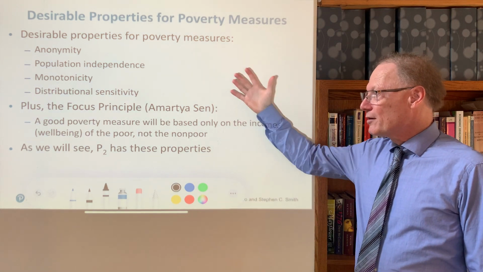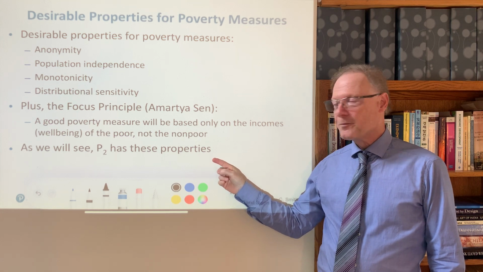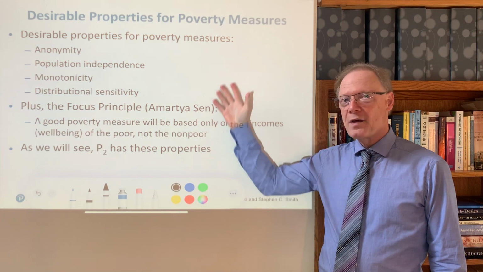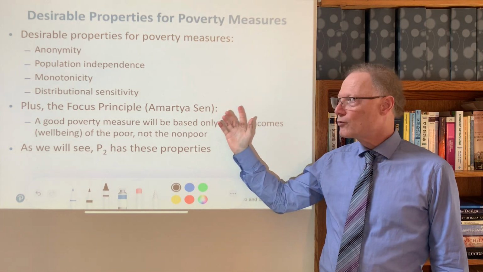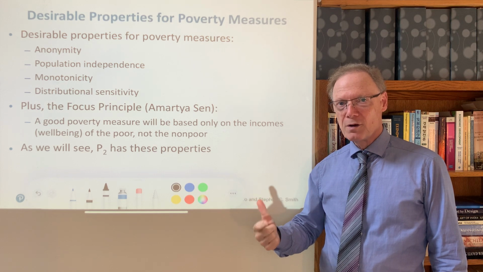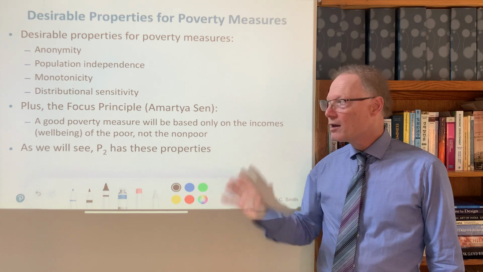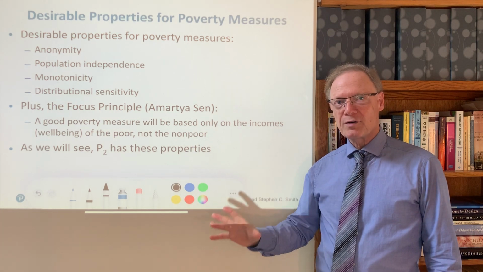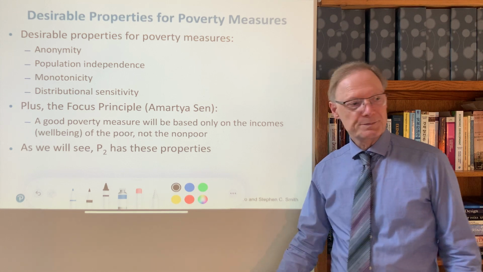With this in mind, it turns out, as you'll see in the textbook, that P2 is a particular measure that happens to have all of these properties. And so I'm going to turn attention first to talking about P2 so you get an idea of where it comes from and what its parts are. And I think that's a valuable way to proceed as we look through some of the other ways that poverty is measured.